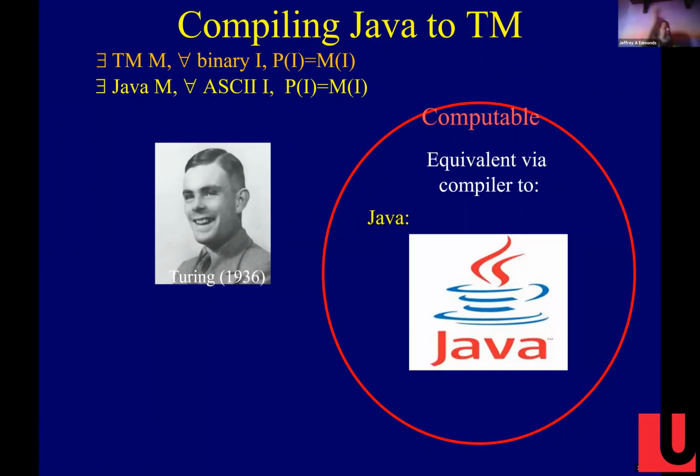Everybody understand that? So now you know everything about Turing machines that you need to know for this test, for this course. All you need to know is Turing machines compute.